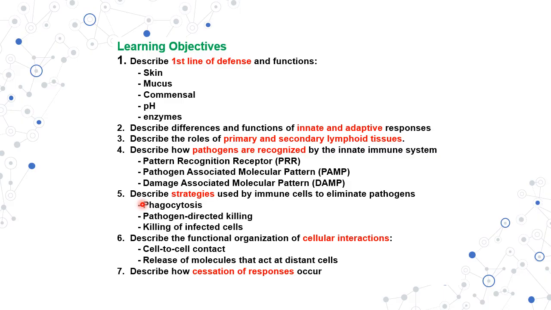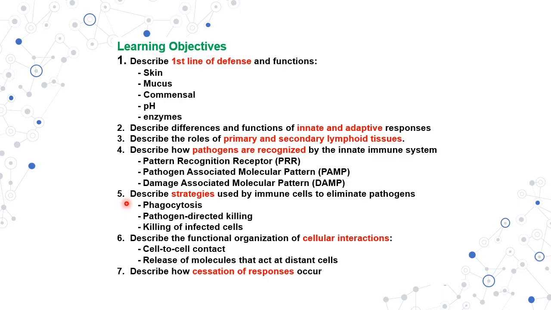So you're going to look at phagocytosis, that means eating up the pathogen and digesting it. Then you're going to look at damaging the pathogen so it can get killed. Or you're going to look at killing cells that are infected with the pathogen. Yeah, the cell is going to die, but the pathogen is going to die with the cell.